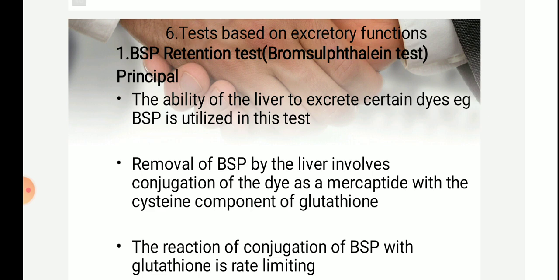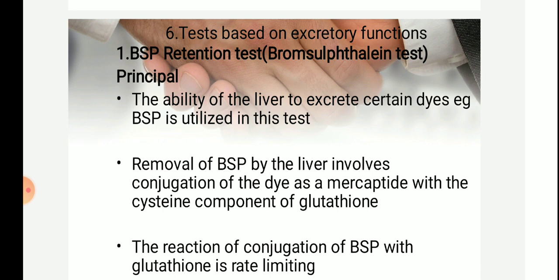So tests based on the excretory functions, that is the bromsulfathalein test, the retention test. What is the principle here? The ability of the liver to excrete certain dyes. What are those dyes? These are bromsulfathalein. Removal of this BSP by the liver involves conjugation of the dye as a mercaptide with the cysteine component of the glutathione.